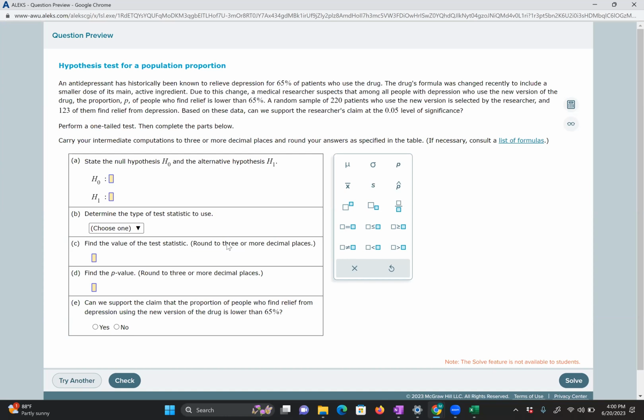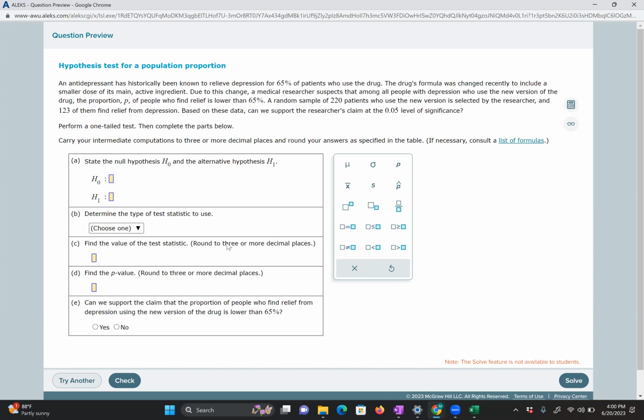So according to the question, an antidepressant has historically been known to relieve depression for 65% of the patients, which means that there's 35% that are not getting relief. Keep that in mind. So always think about that.